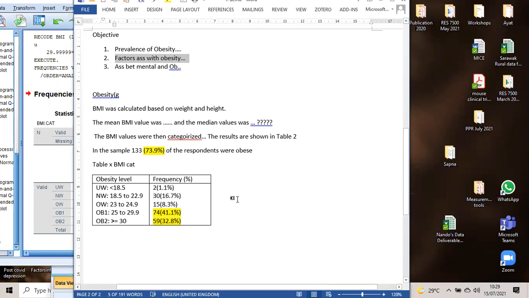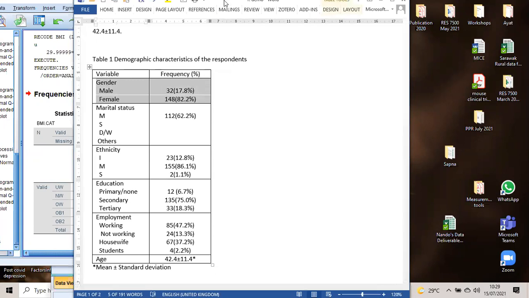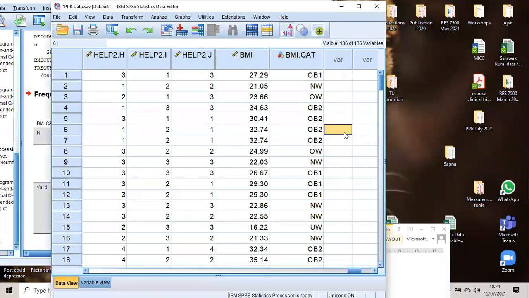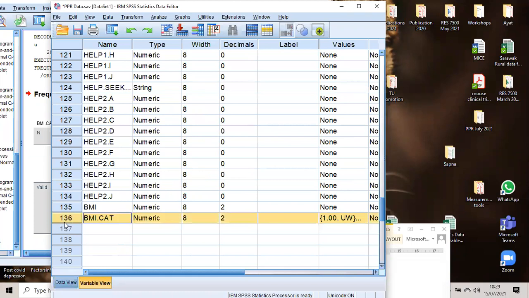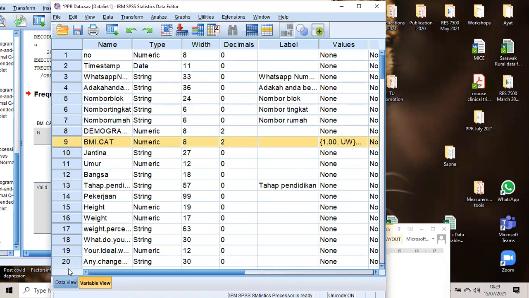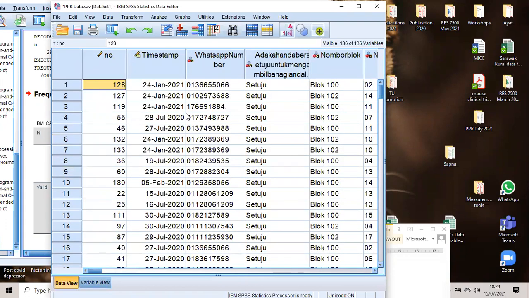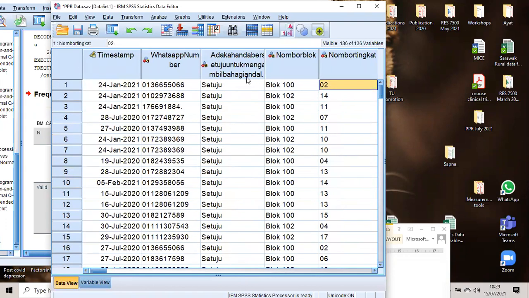Now you have to compare the demographic characteristics, for example gender and obesity. Let me bring this variable just beside the demographics so you can see better. So we have demographic characteristics. Let me remove all these.